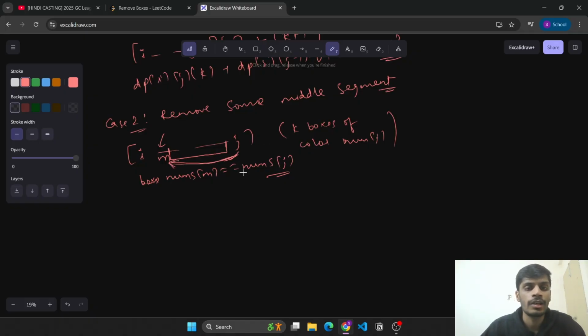Only then will the cost increase by a square, right? Initially we had this k and this k plus 1. So k plus 1 square we already have.